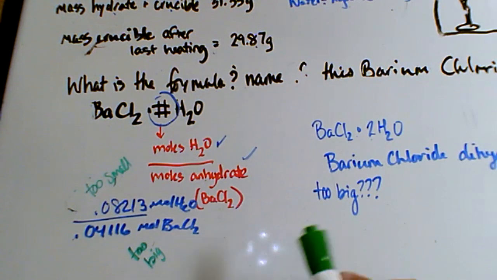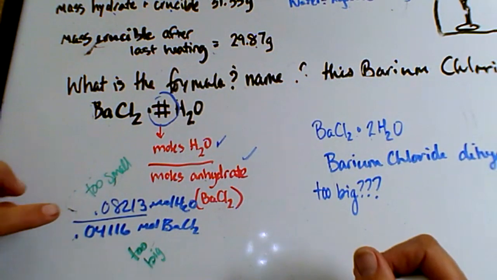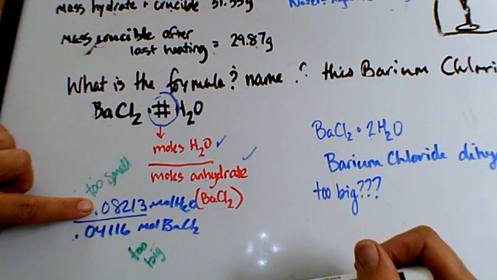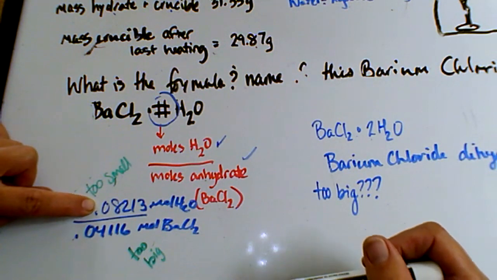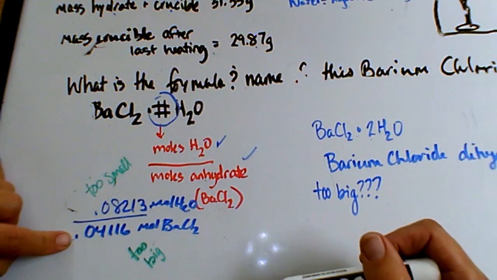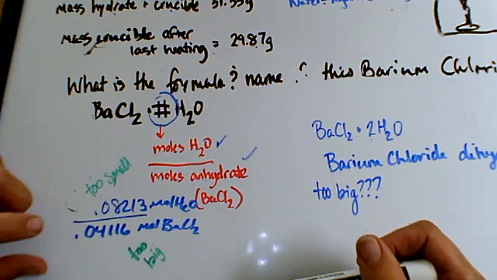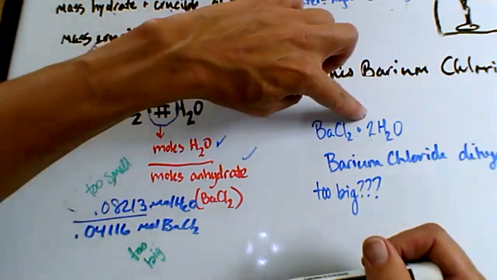In either case, that could be attributed to us not heating this enough, because we did not get all the water out. Therefore, it appeared as though there was less water than there was, and it appeared as though there was more anhydrate than there was, because some of the anhydrate was still hydrated. And when we divided this, we would get a value that was too small.